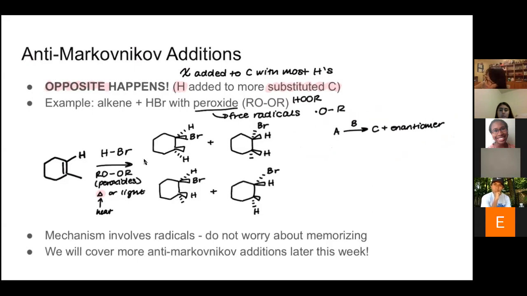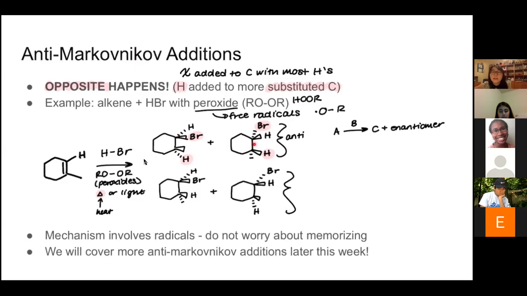And so we can look at these guys again. I'm going to look at the top two real quick, and we'll see that they are both anti-addition, because if you remember, this Br is new, this H is new, this Br is new, this H is new, and one is on a wedge, one is on a dash, one is on a dash, one is on a wedge.